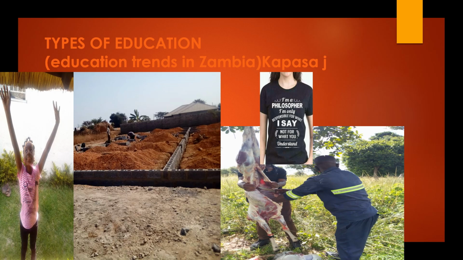The aim of education for indigenous or traditional education was to preserve and transmit culture. Which of course we have seen in our general aims of modern education, isn't it? Preservation and transmission of culture. That was the general aim. In this type of education, the entire community was responsible for teaching the young ones. Elders were responsible for teaching young ones, isn't it?